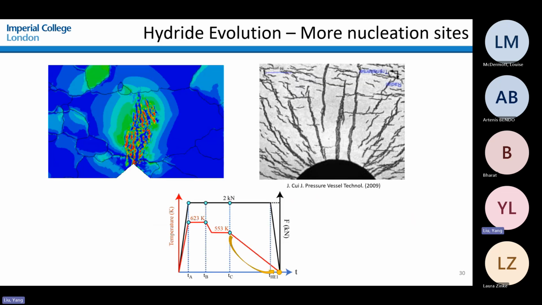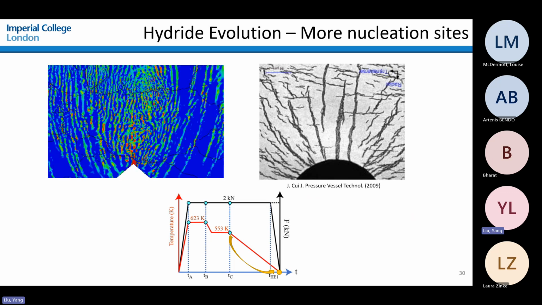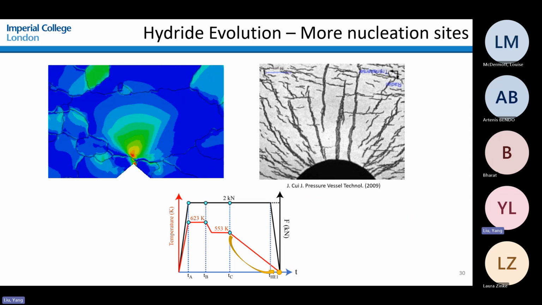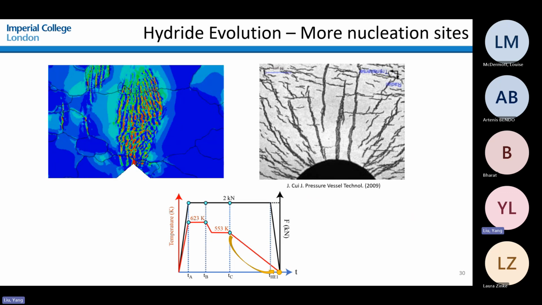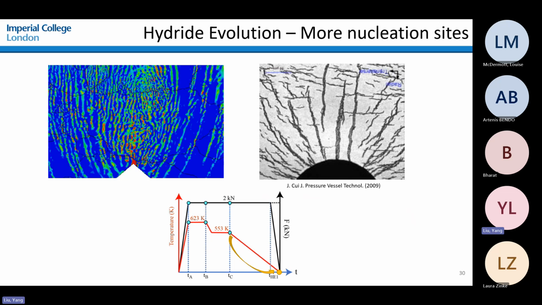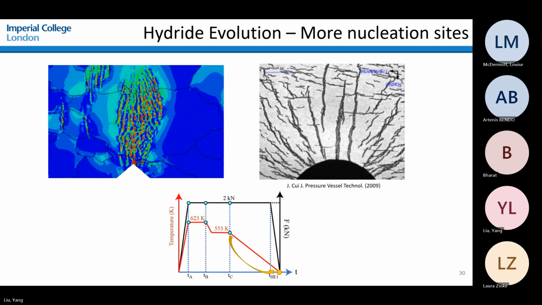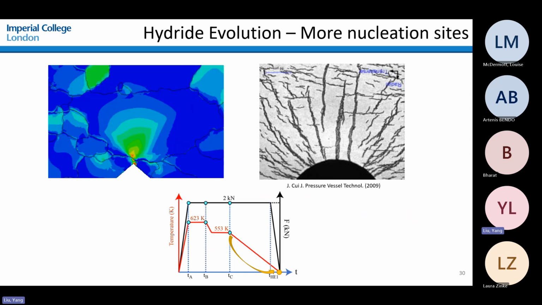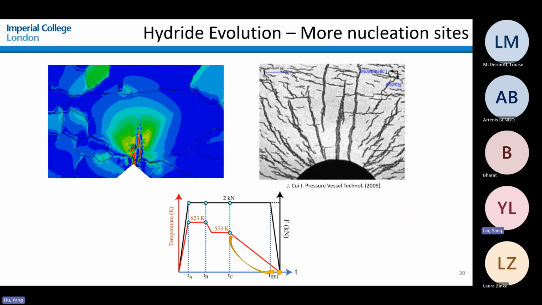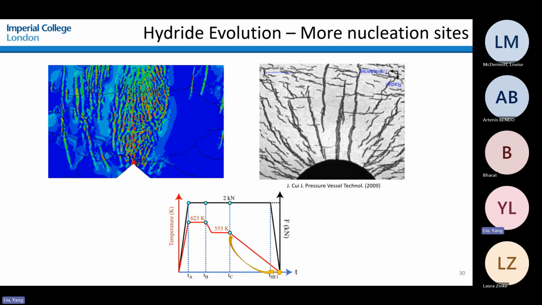And then there's another interesting sensitivity study, where we drop down the critical limit of the hydrogen concentration for it to form the hydrides. It basically means that we are incorporating more nucleation sites for the hydrides to accumulate.